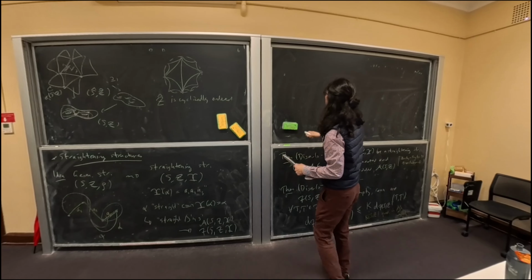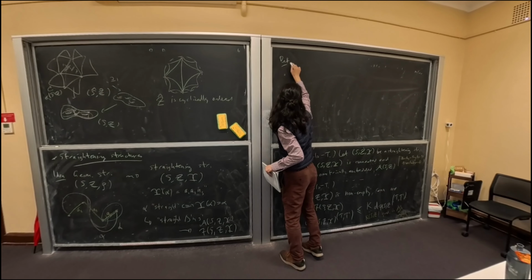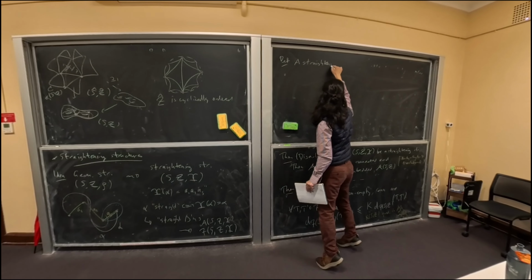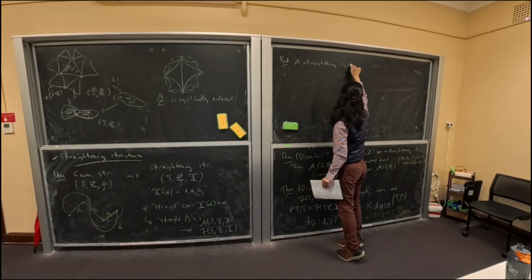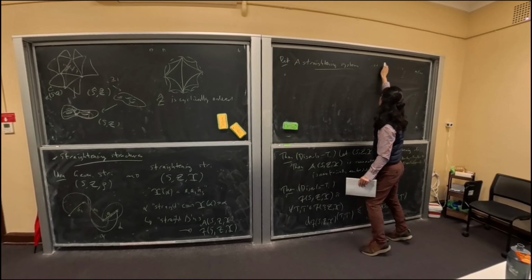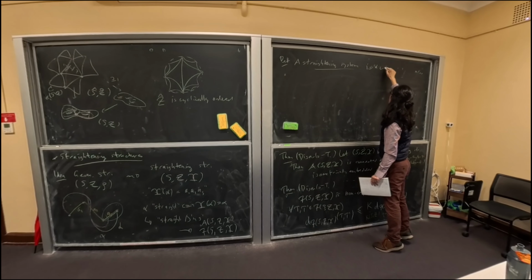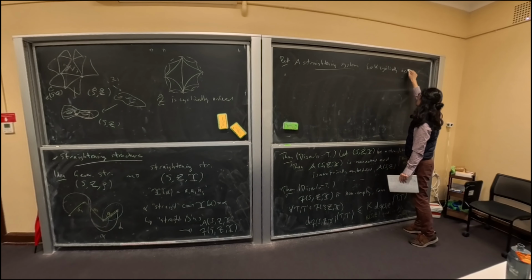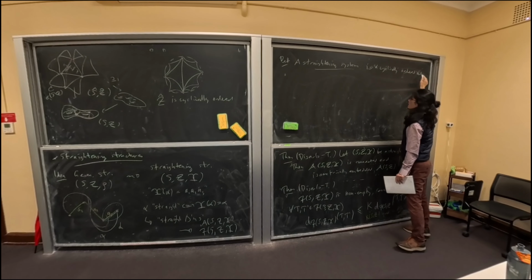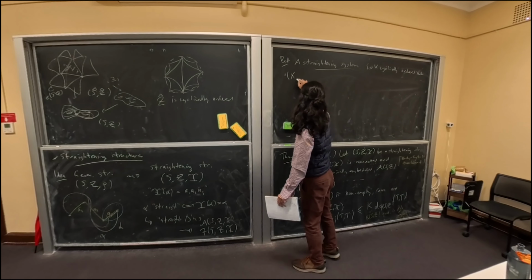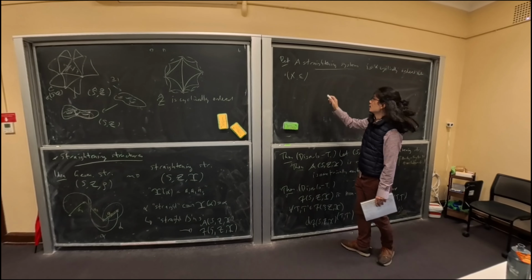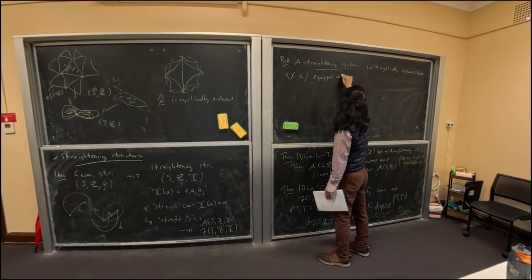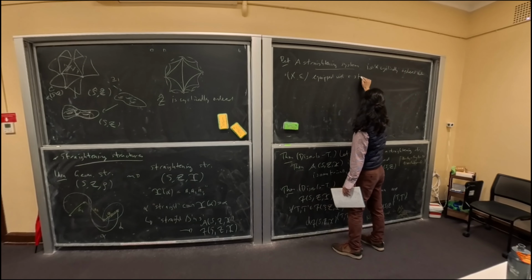We call a straightening system a cyclically ordered set, denoted by X, equipped with an operator, which we call a straightening operator.